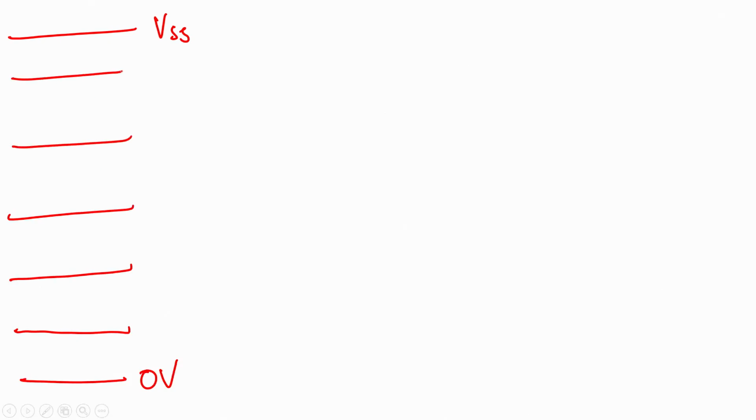So, we have your VSS, 0 volt. We have understood that we have to fix definite levels here, clear. Now, we said that there will be a certain number of digits, 001, 101, etc. The number of places or number of bits in the digital representation of your analog level. So, this is your analog level.